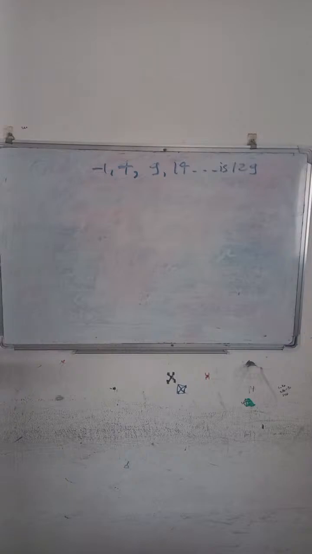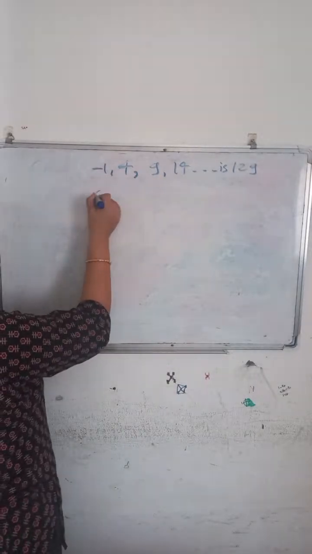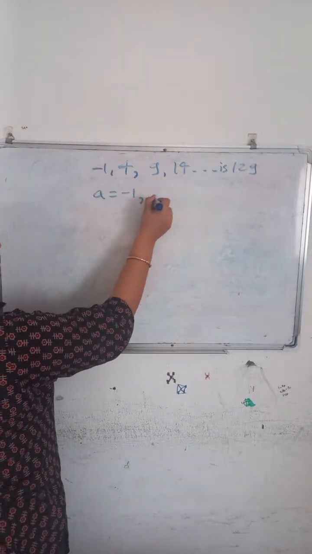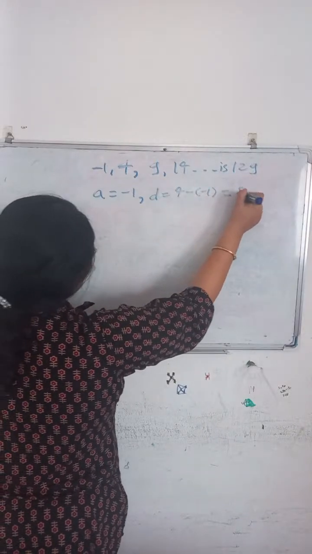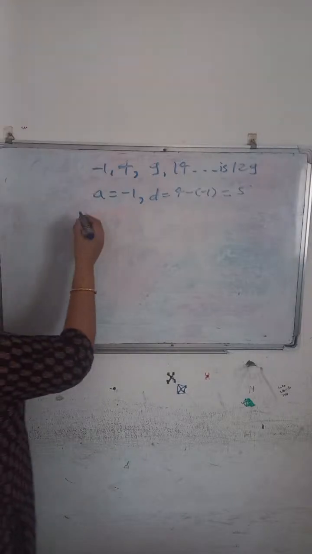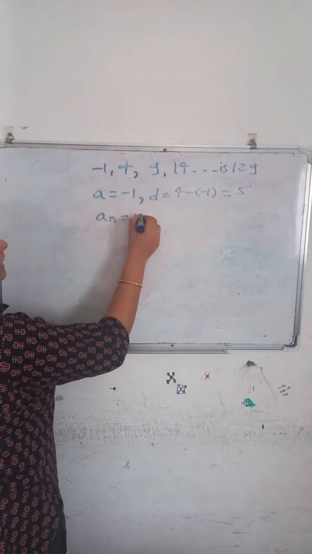Okay, so here A is given. A is minus 1, D is 4 minus of minus 1, that is equal to 5. Students make a mistake here. They simply do 4 minus 1 is 3. No, that is wrong. So here D is 5.